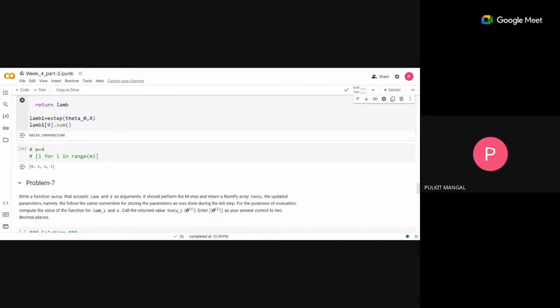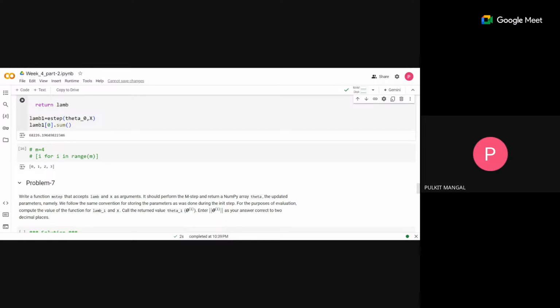First of all, what does this mean? Lamb1 0. What will this give me? Not the first value. It will give me the first row. If you don't put any comma and just do it normally, think of a matrix again, just like your list of lists in normal Python. If you take the 0 of a list of lists, it is the first element, that is the row.